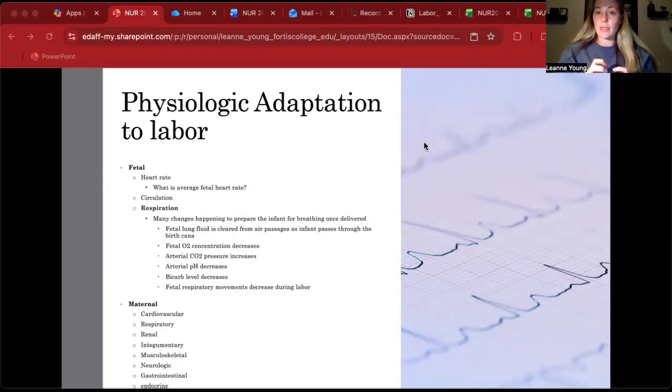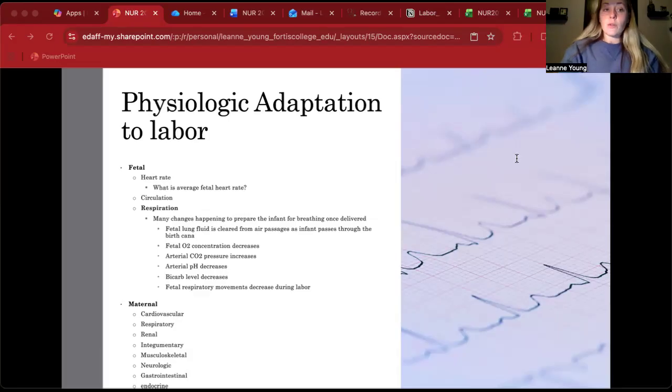If the uterus is contracting, it's constricting those vessels, reducing the amount of blood flow to baby. So this can cause the fetal heart rate to drop. Umbilical cord compression is the most common that we see because of the anatomy and how baby is typically laying in utero. And if there are problems with labor, we see patterns in our fetal monitoring, which we're going to talk about later in this presentation.